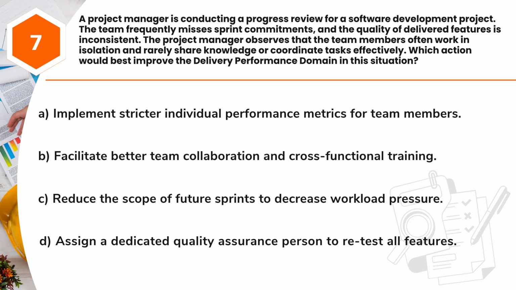Which action would best improve the delivery performance domain in this situation? A. Implement stricter individual performance metrics for team members. B. Facilitate better team collaboration and cross-functional training. C. Reduce the scope of future sprints to decrease workload pressure. D. Assign a dedicated quality assurance person to retest all features.